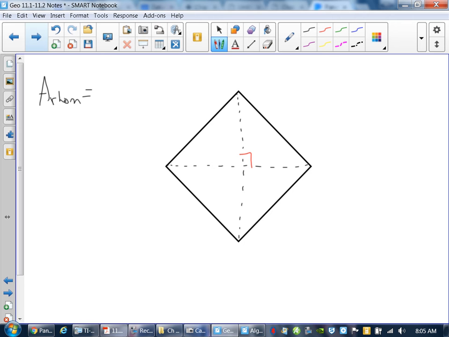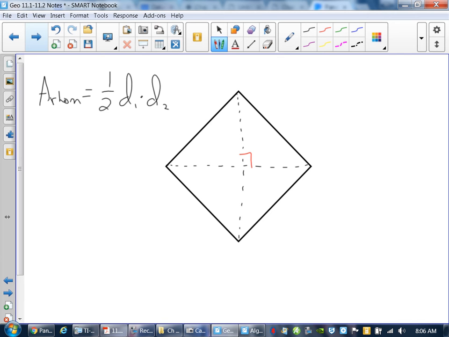So the area of the rhombus is going to be 1/2 diagonal 1 times diagonal 2. One of the things that you will see a lot of times when you're dealing with the rhombus is that since you get right triangles within it, you'll be using Pythagorean theorem quite often to find those side lengths.